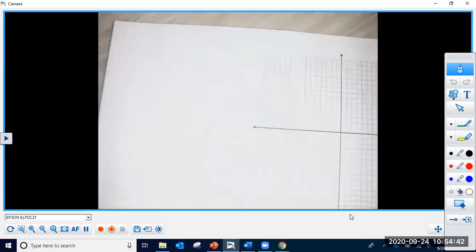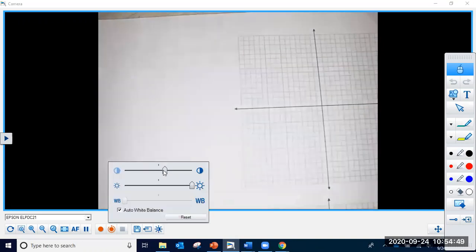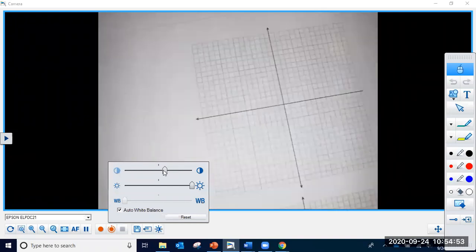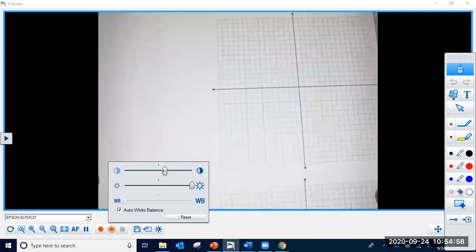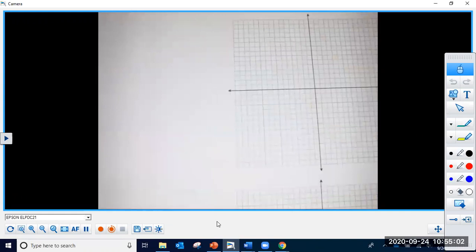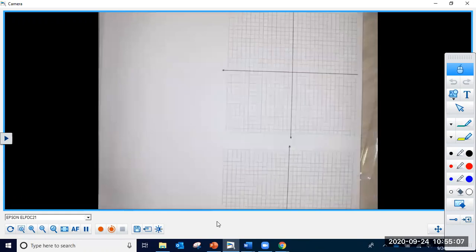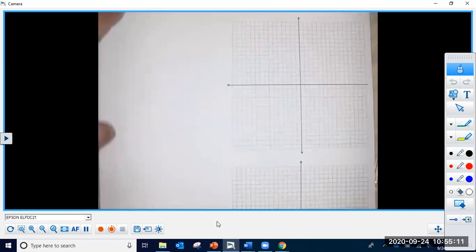I'm going to go through the steps of how to graph it with you as we do one. This is example 5 in your notes.